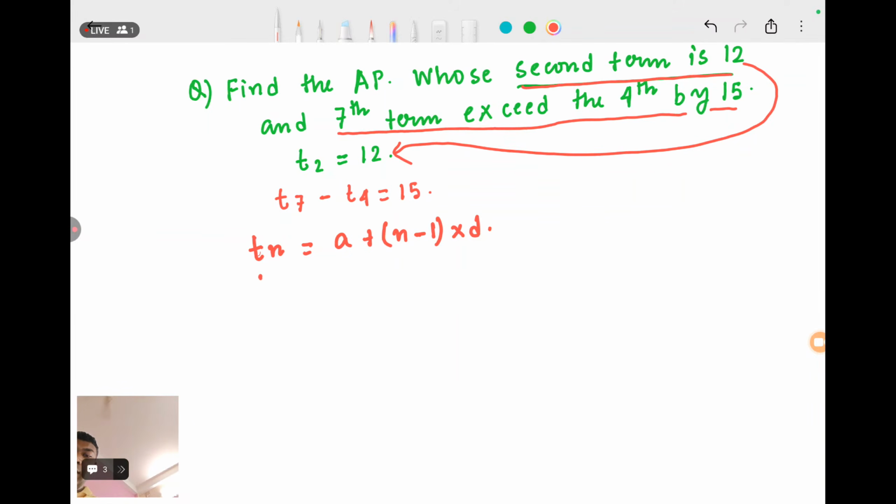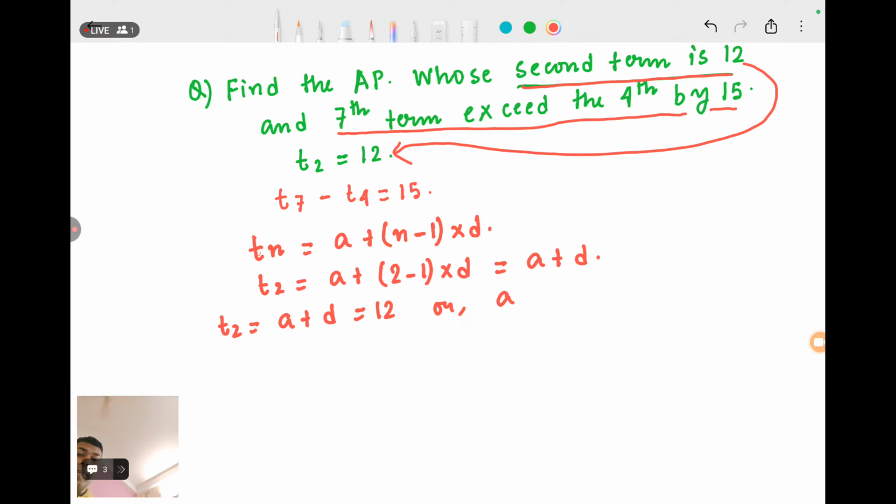So T2 is equal to a plus 2 minus 1 into d is equal to a plus d, and a plus d is equal to 12.